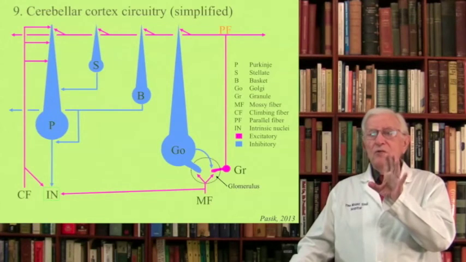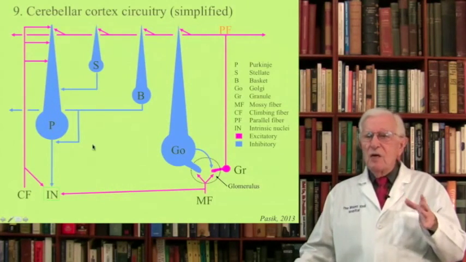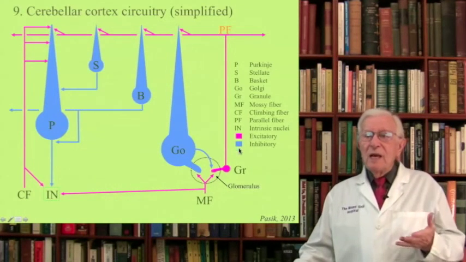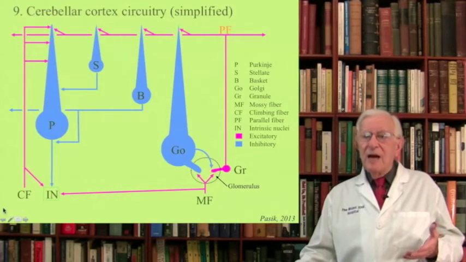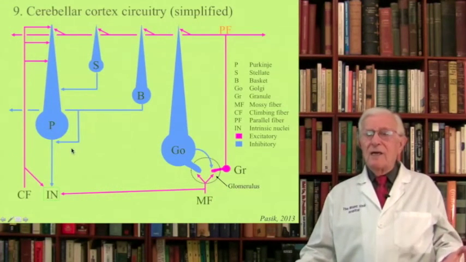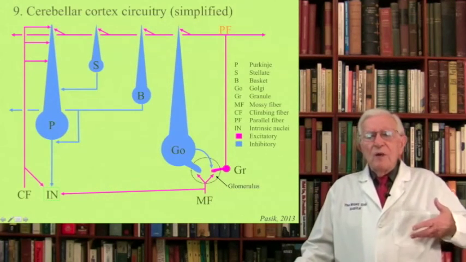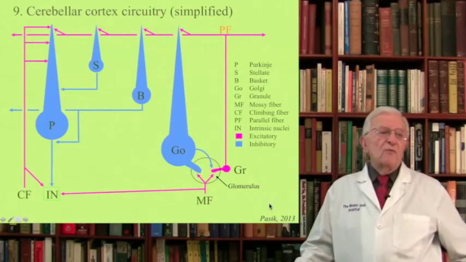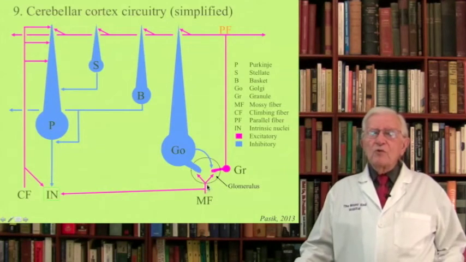What is very noticeable is that there is a lot of inhibition within the cerebellar cortex. Look, all these blue elements, they are all inhibitory, right? The only elements that are excitatory are the granule cell with the parallel fiber and the incoming mossy fibers and climbing fibers. All the rest is inhibition. So when a volley of impulses comes from the mossy fiber, let's say from the spinal cord, from the condition of the muscles or whatever, what's going to happen?